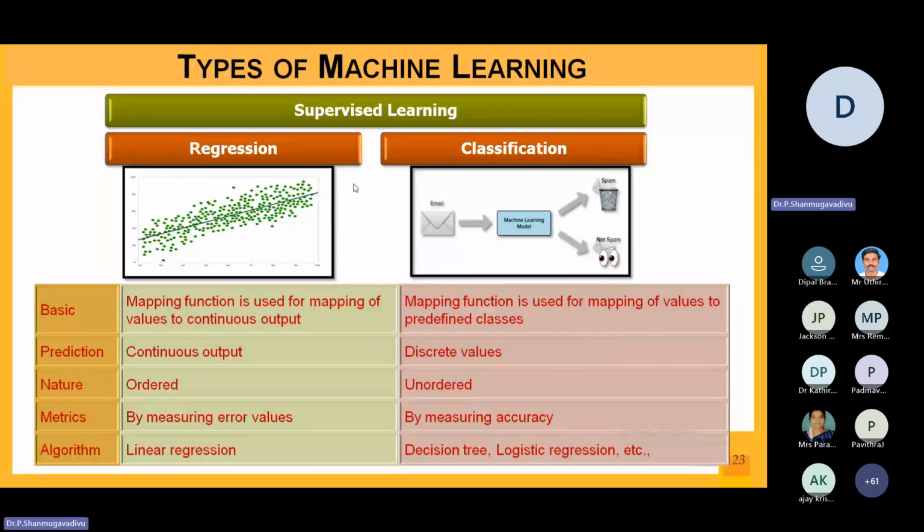If that is the case, then the line is a better line. If that is going to just touch upon only the minor set of data points, not the original set, then it is not a good straight line to fit with respect to the given problem. Okay. So nature is ordered, metrics is we can measure by using accuracy, error value, algorithm is linear regression.